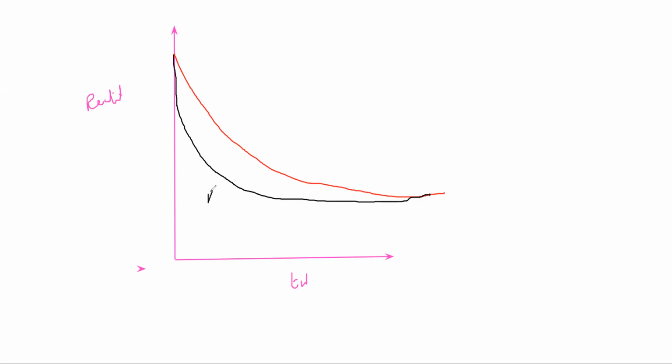Can you identify which reaction is faster, A or B? Which shows a greater change in the amount of reactant with respect to time? So A is faster and B is slower, because A shows a greater change in the amount of reactant, or a greater change in the slope, as compared to that of B.